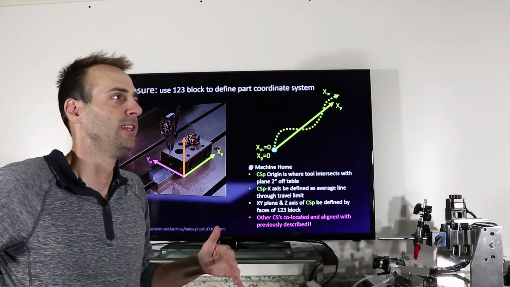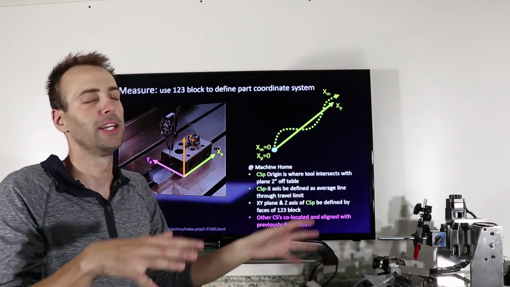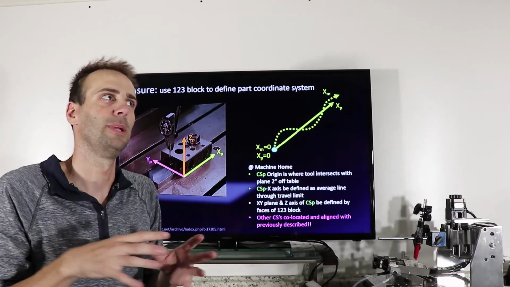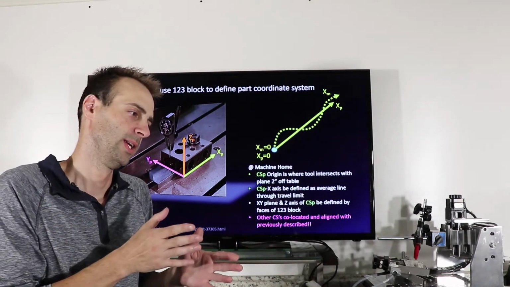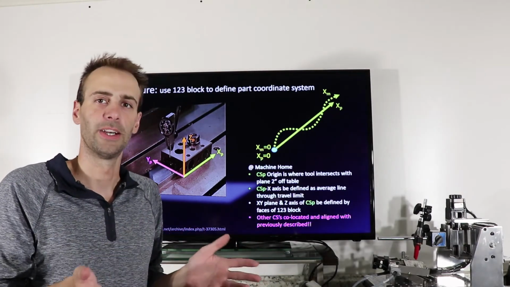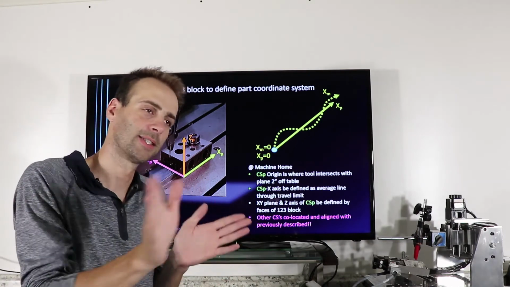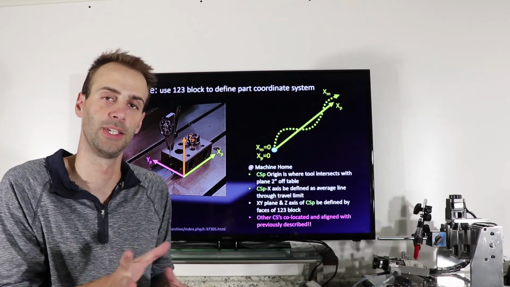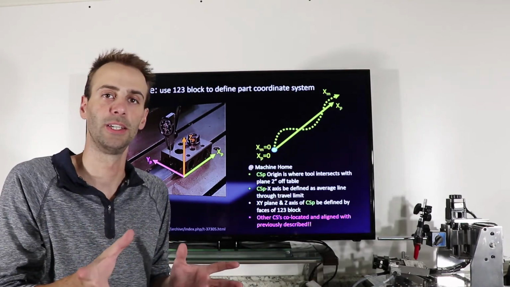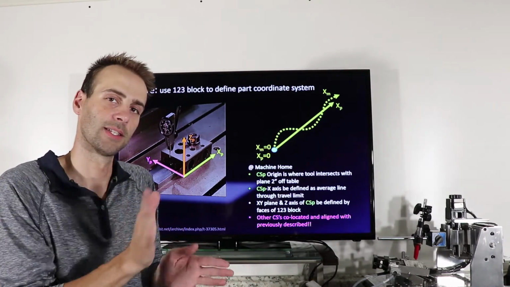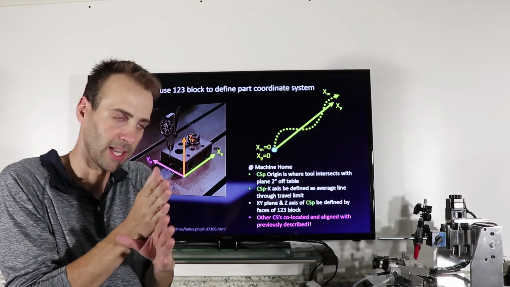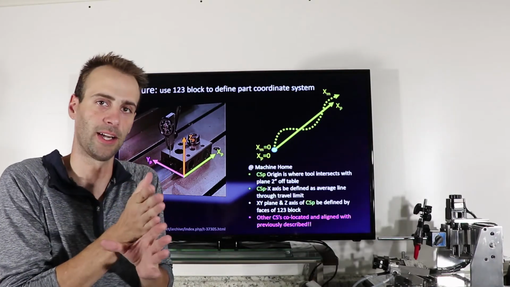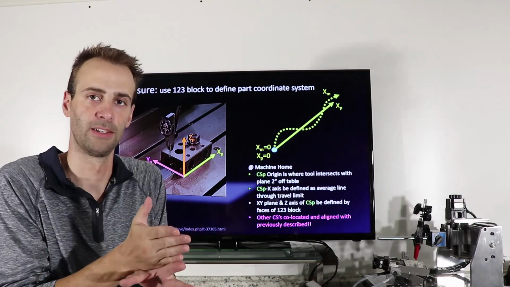So again, don't just slap this thing down in the middle of the table. That makes no sense, okay? So ideally, if you're running any kind of Cartesian machine, you want the x-axis of the part to closely align with the x-axis of the machine, right?